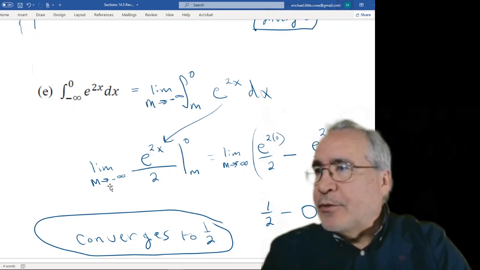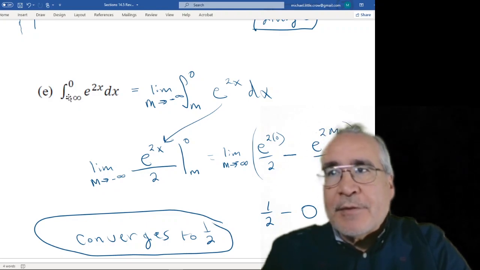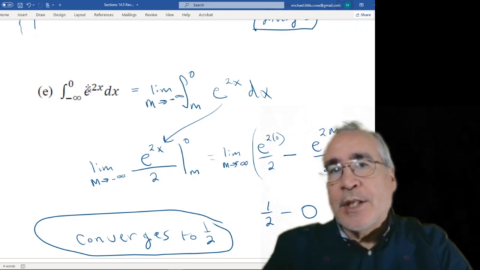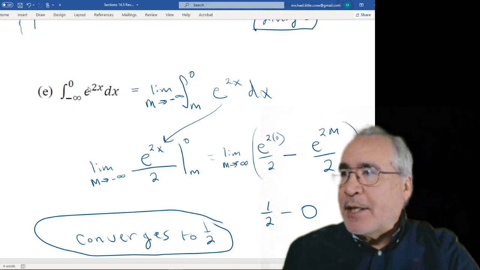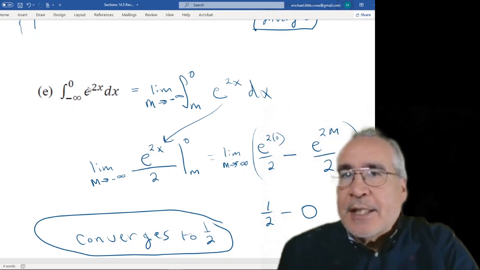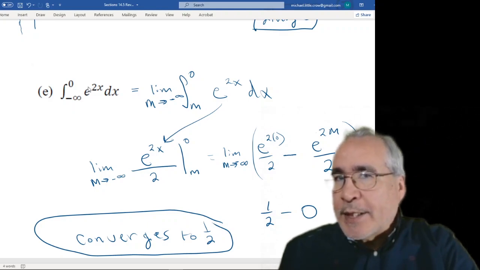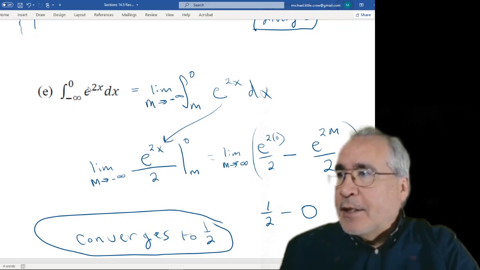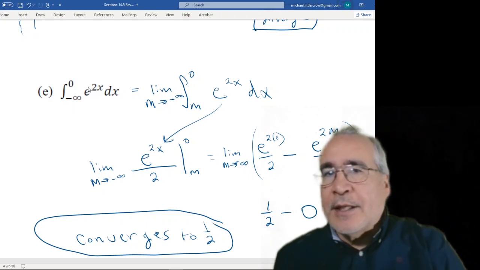Okay, and those are all the ones we have. And again, had it been going, say, from 0 to infinity, that would diverge, right? Because we wouldn't have had this negative. It would have been up here. This goes off to infinity. It diverges. But because it was the lower limit and it was going to negative infinity, that negative got incorporated here, moves it down into the denominator, and that's the whole difference.